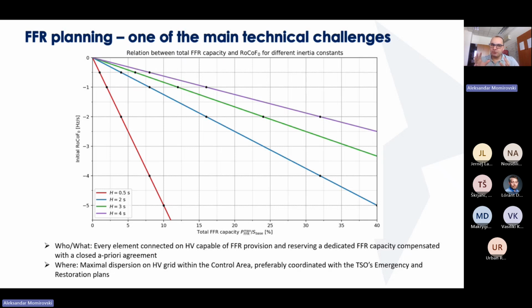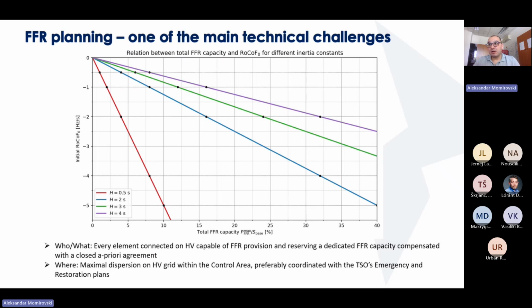And we would like to emphasize at this point that every element at the high voltage that is capable of providing FFR and that is capable techno-economically to reserve a dedicated FFR capacity can be compensated with a closed agreement for this provision.